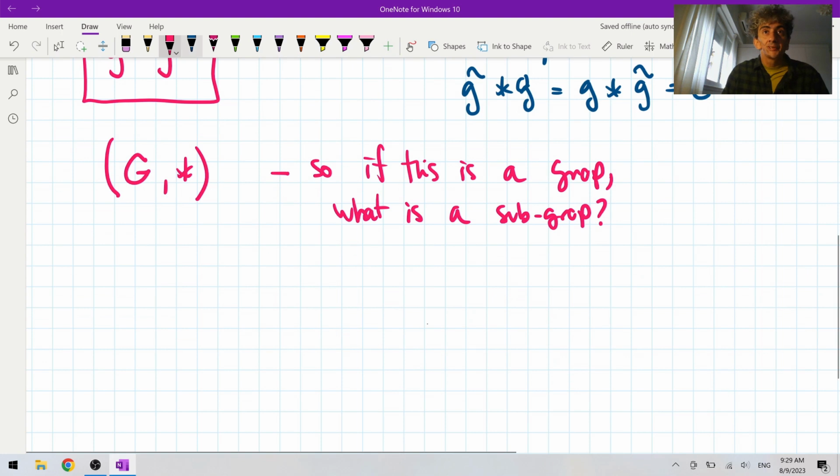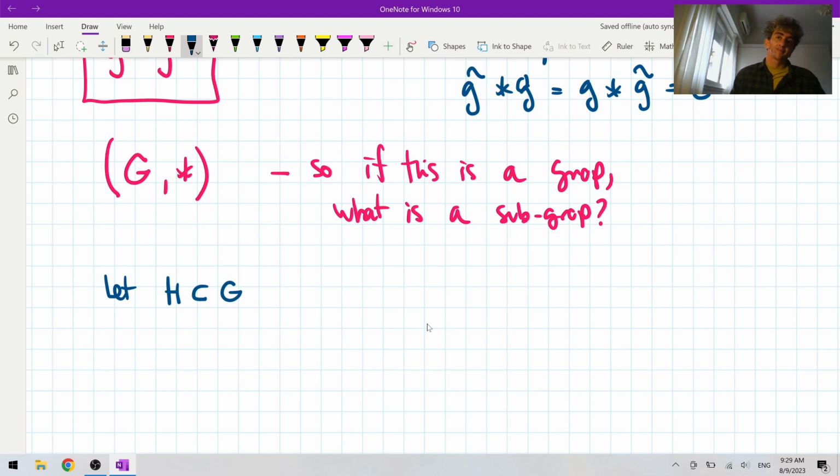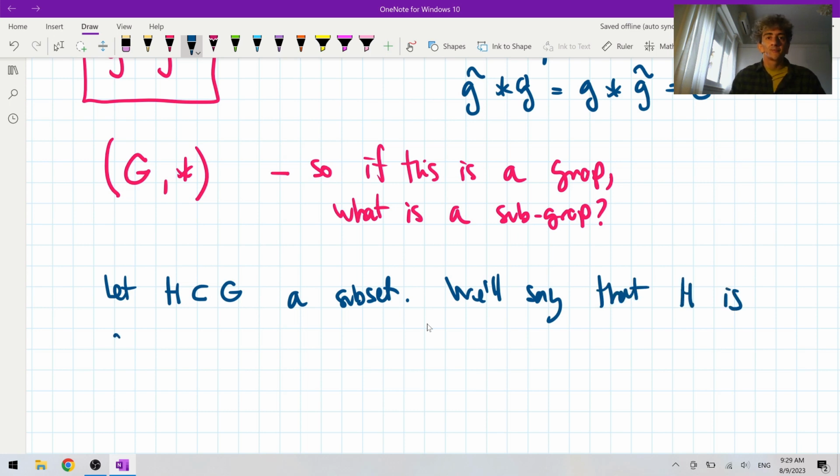Let H be a subset of G. We'll say that H is a subgroup of G if, first of all, the neutral element of G belongs to H.